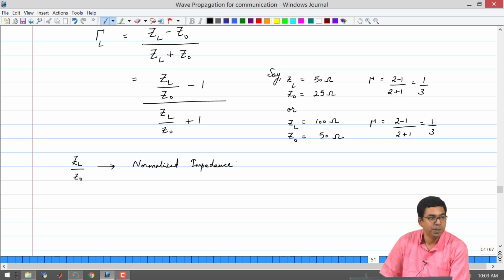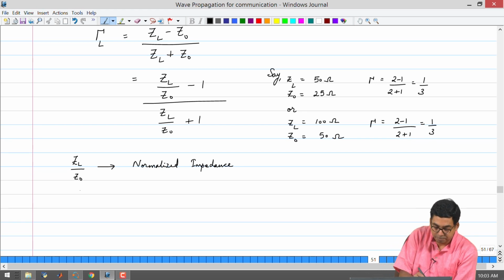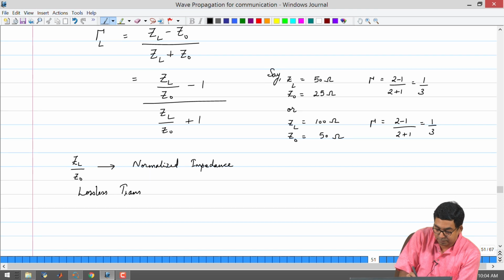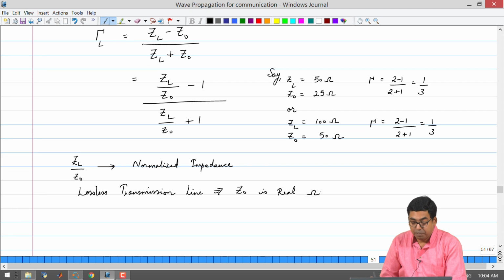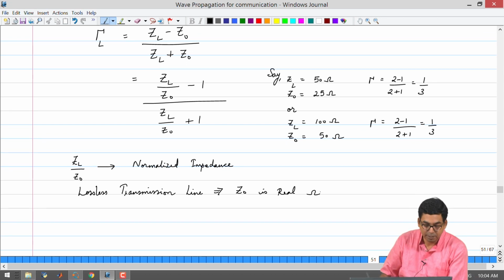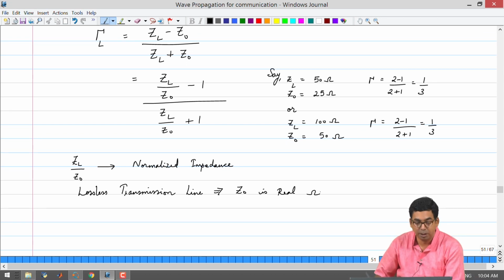When the transmission line is lossless, it will imply that Z naught is real. It is going to be purely resistive. We are going to begin with this simple case and try to understand the relationship between the reflection coefficient and your load impedance.